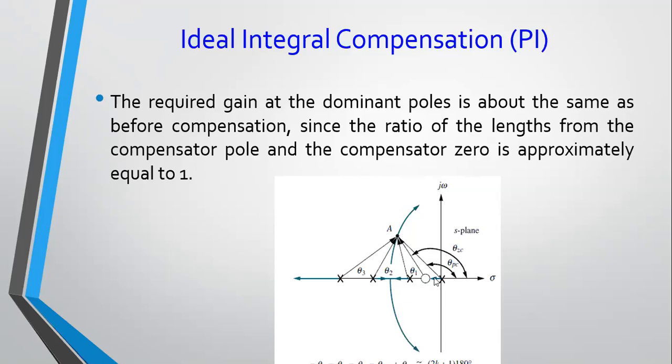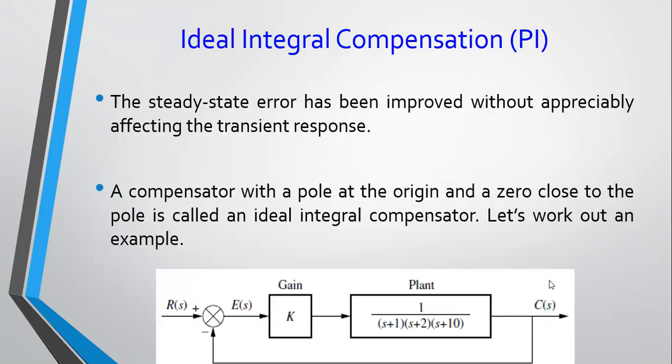Again, the same way we dealt with angle, if they are very close together, then the ratio of these two vectors would be equal to 1. If not, as you start moving this zero further and further away from the pole, then the ratio of these two will not be the same. That means you're going to change the gain k, and changing the gain k means the position of your pole would not be as before. Let's take an example to illustrate this.